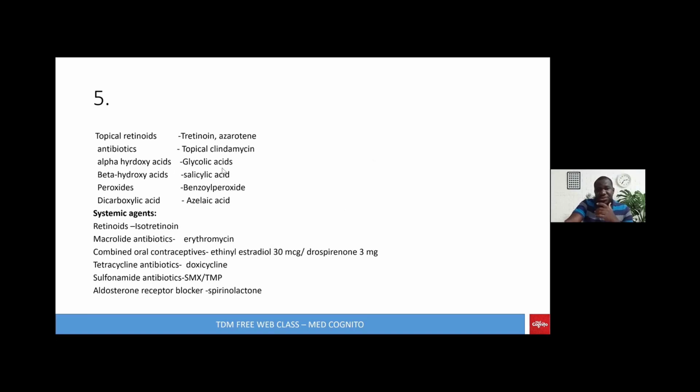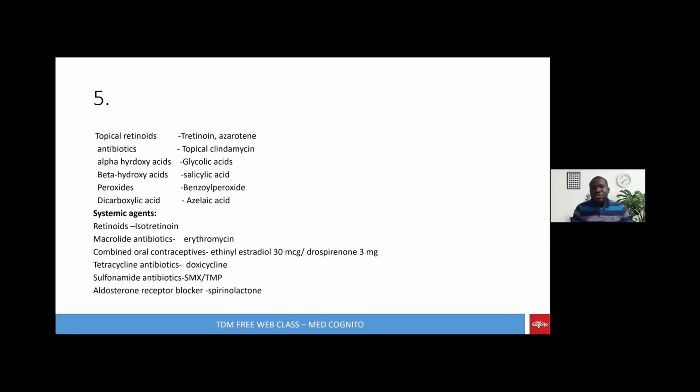Okay. So again, the topical and the systemic. If you say retinoids, like I mentioned, retinoids is broad. Retinoids will refer to a class, not an agent. So you can go for tretinoin, adapalene. These belong to topical retinoids, right?